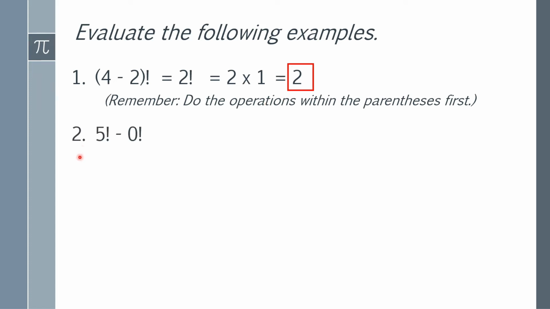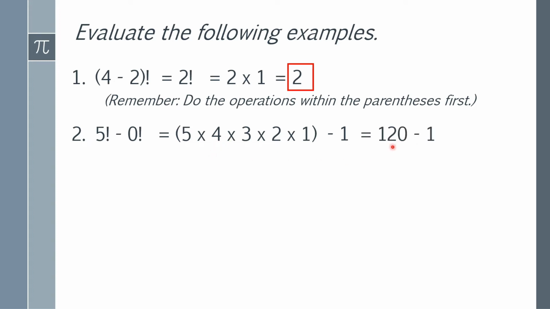Number 2, 5 factorial minus 0 factorial. First, 5 factorial, we have 5 times 4 times 3 times 2 times 1. Minus, the 0 factorial is a special case and it is 1. So we will now have 120.